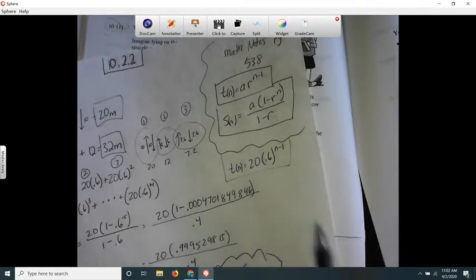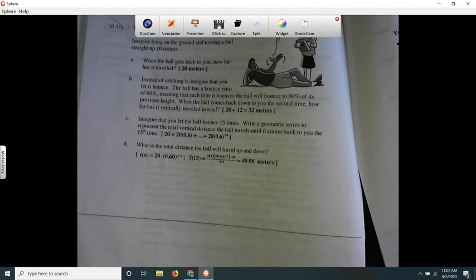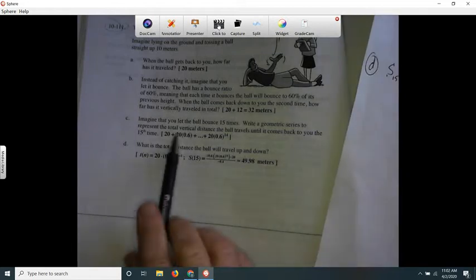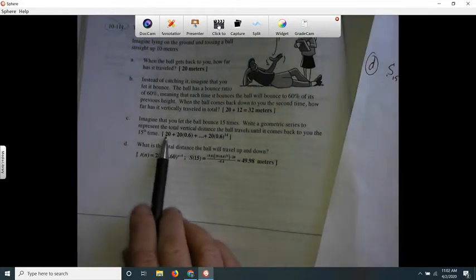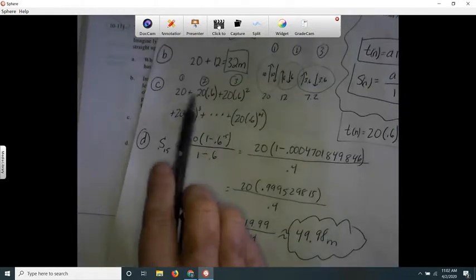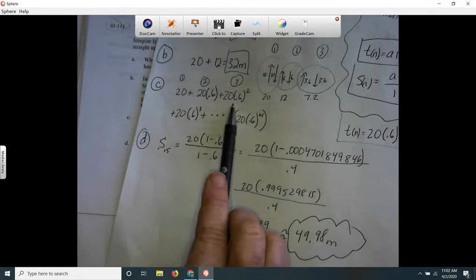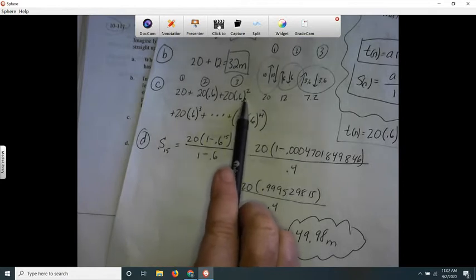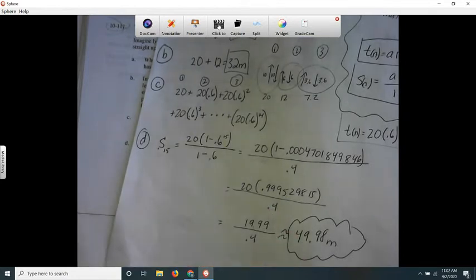But the way they asked the question, they said write a geometric series, so they want me to actually write the whole series to represent the ball as it travels 15 times. So you would write 20 plus 20 times 0.6, plus 20 times 0.6 squared, and the next one would be 20 times 0.6 cubed, and you would just keep going.